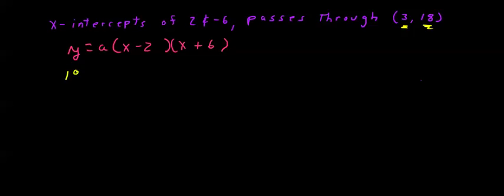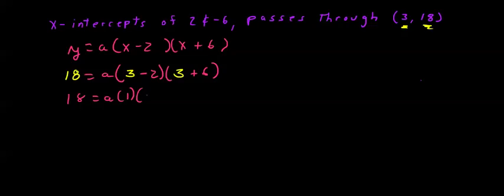And so now I substitute, just like before, the 3 and the 18 for x and y. So 18 equals a times x is 3 minus 2 times 3 plus 6. Or 18 is equal to a times 1 times 9. 18 equals 1 times 9 is 9.